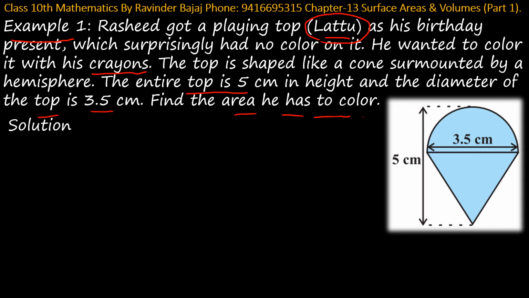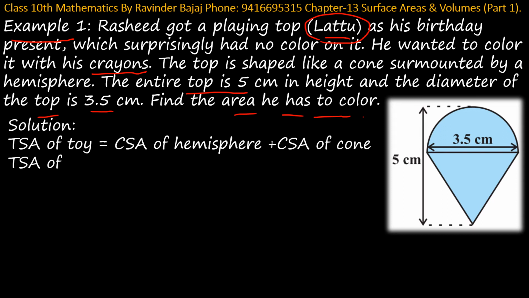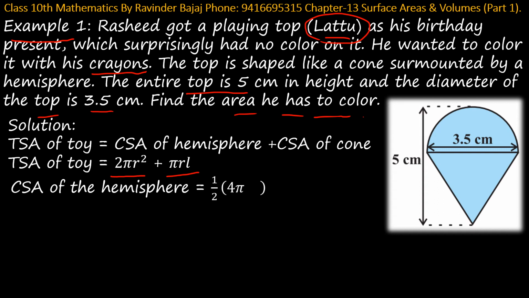So let's solve it. Total surface area of the toy is equal to curved surface area of the hemisphere plus curved surface area of the cone. This is the formula of curved surface area of hemisphere, and this is the curved surface area of the cone. So let's find all these and add them.